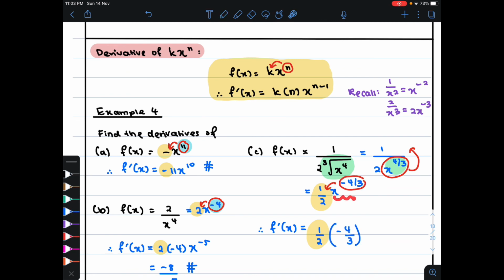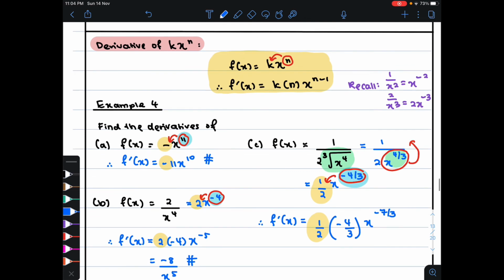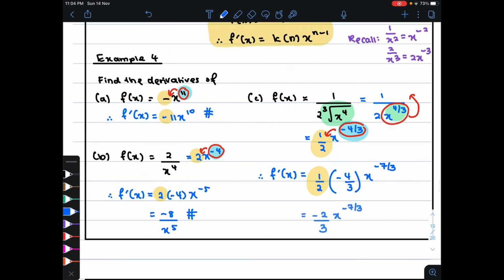What happens to x to the power of negative 4 over 3? For the power, you need to minus 1. So the new power is negative 7 over 3. So let's simplify everything. You'll get negative 2 over 3 times x to the power of negative 7 over 3.